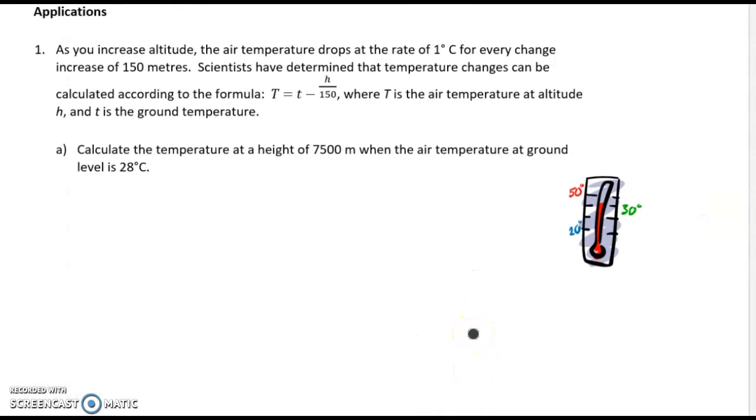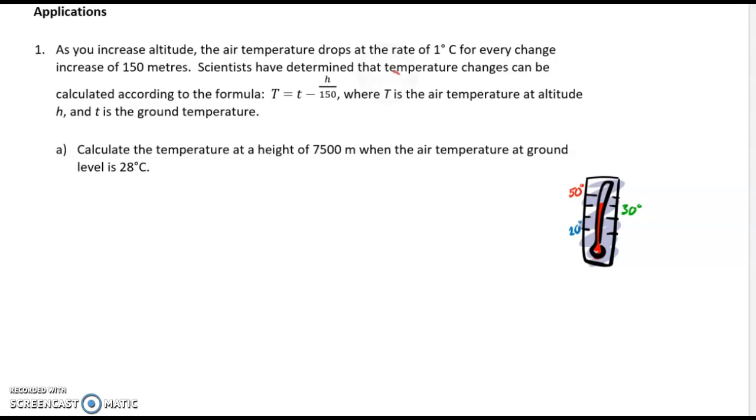Next. Okay, so now we're on some application questions. It says, as you increase altitude, the air temperature drops at a rate of 1 degree Celsius for every increase of 150 meters. Scientists have determined that temperature changes can be calculated according to this formula. Capital T equals little t subtract h divided by 150.